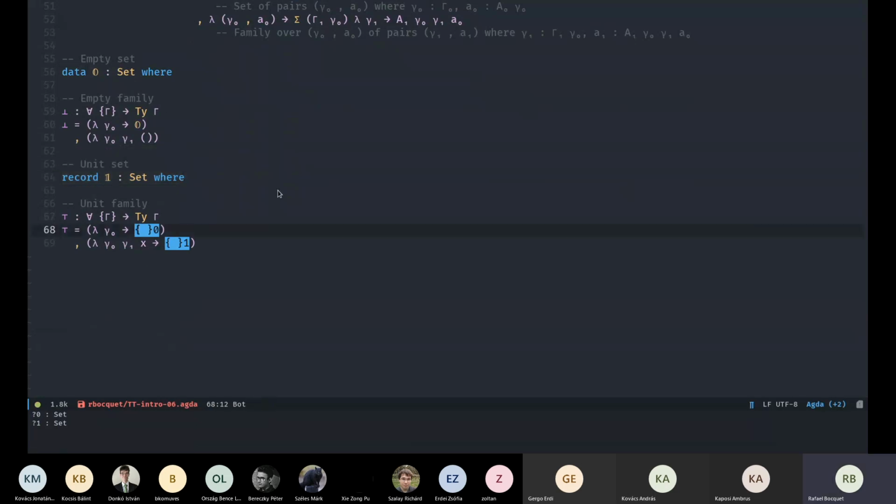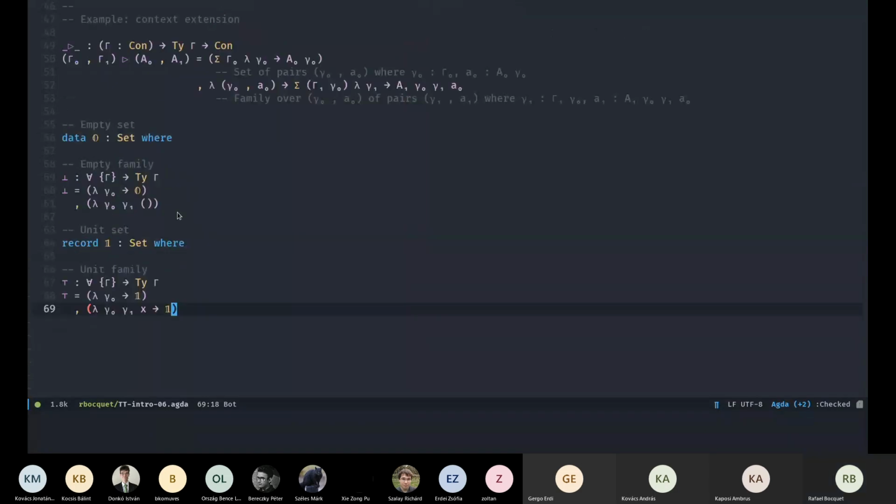And now the unit family is defined. So both components, the first component will be the unit set, and the second component will be the unit family of sets over the unit set.